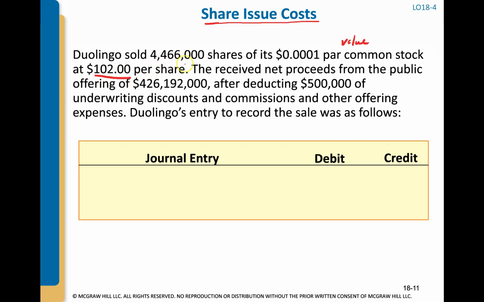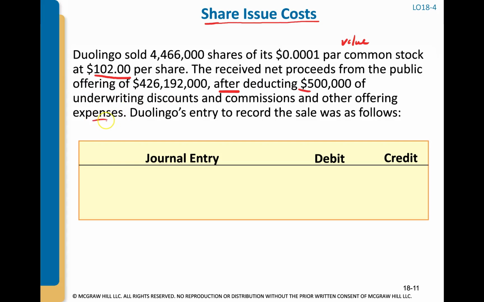They received net proceeds from the public offering of $426,192,000 after deducting $500,000 of underwriting discounts and commissions and other offering expenses.